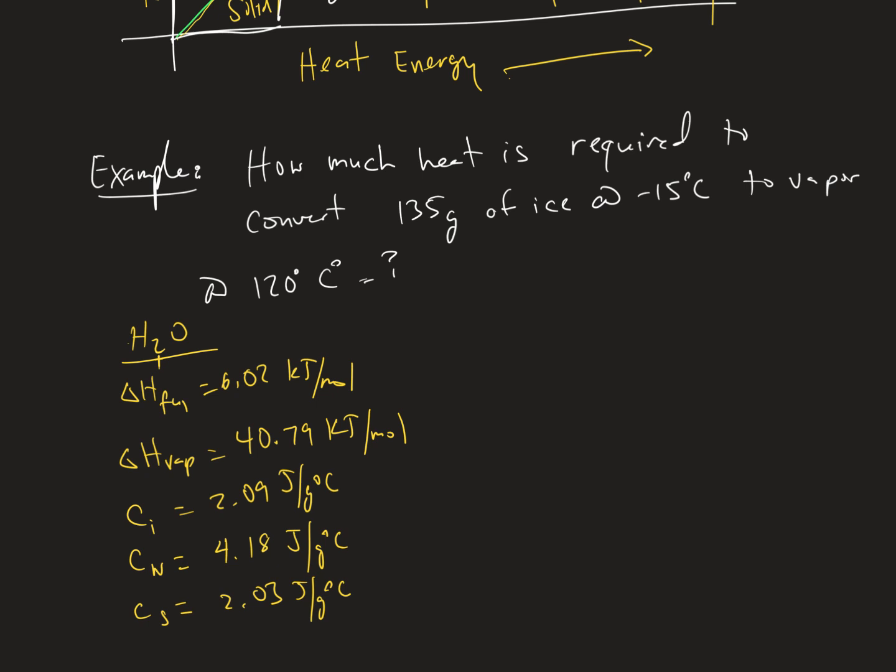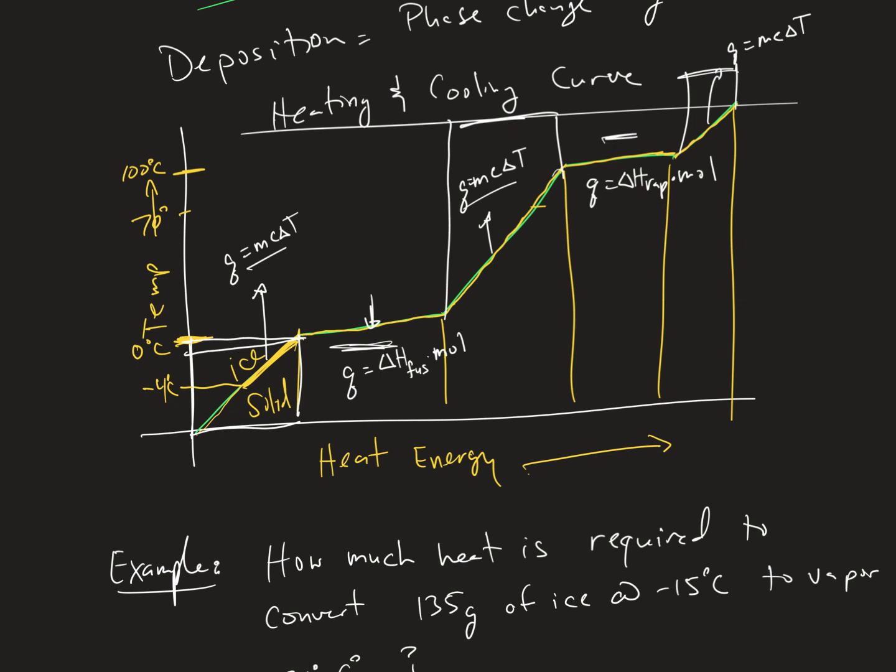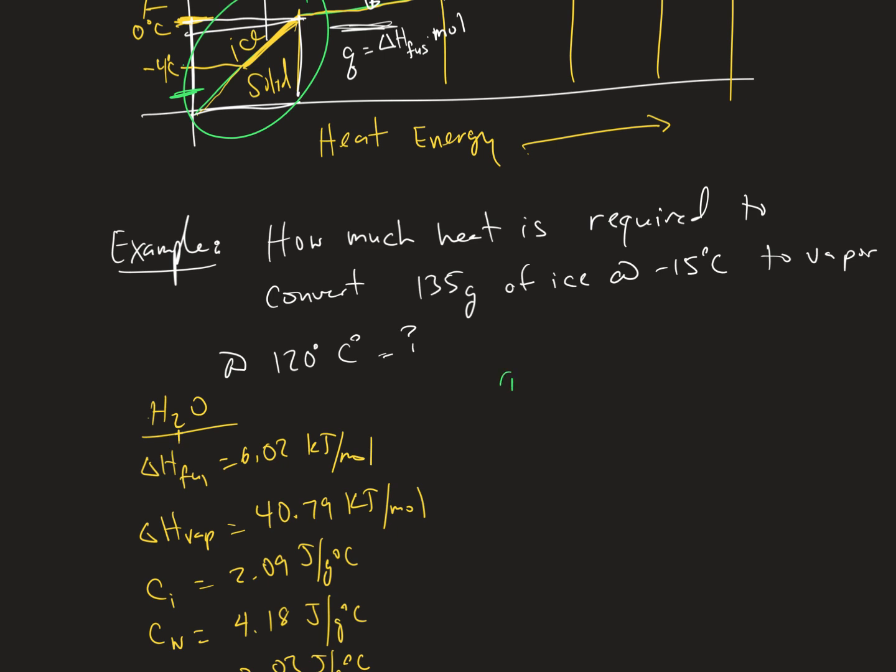Okay, now we're just going to maybe picture that in our mind. Our first step, we're in the solid phase, negative 15, we're down here somewhere. So we're changing temperature, therefore we use Q equals MC of ice delta T.